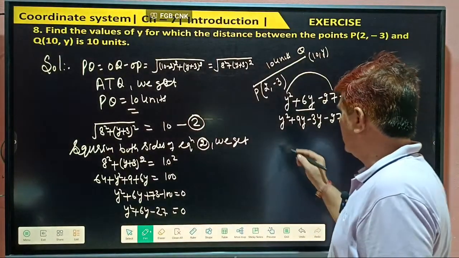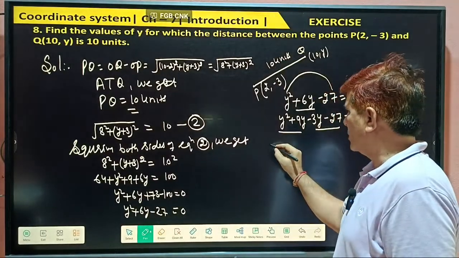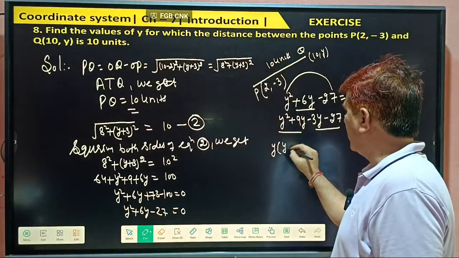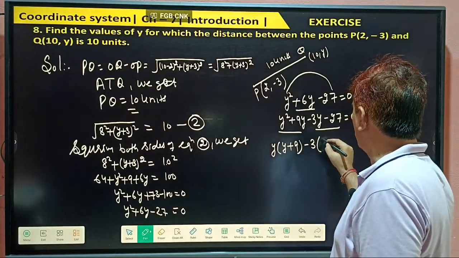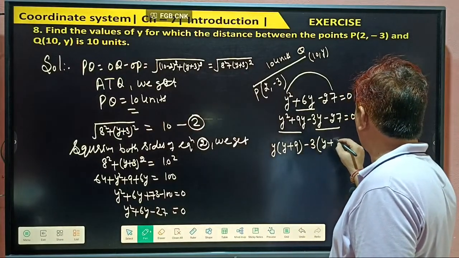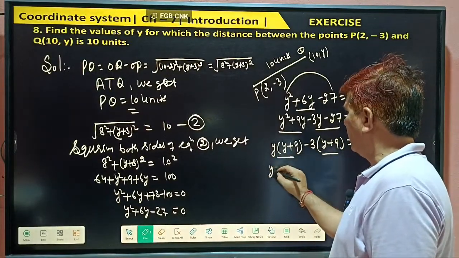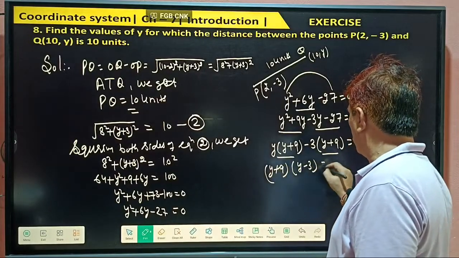Now we start step number 3, taking common from two pairs. First, y is common: y into (y plus 9). Here 3 is common: minus 3 into (y plus 9). So (y plus 9)(y minus 3) equal to 0.